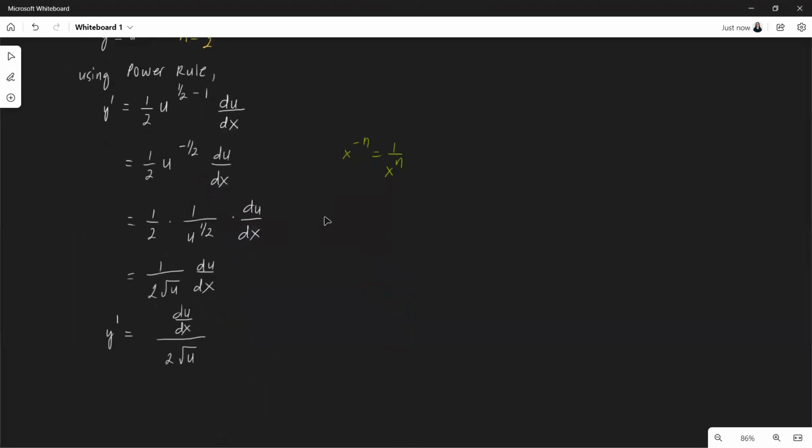So for example, we have square root of 4x minus 81. Again, to reduce time in solving using the power rule, we just use the formula above.